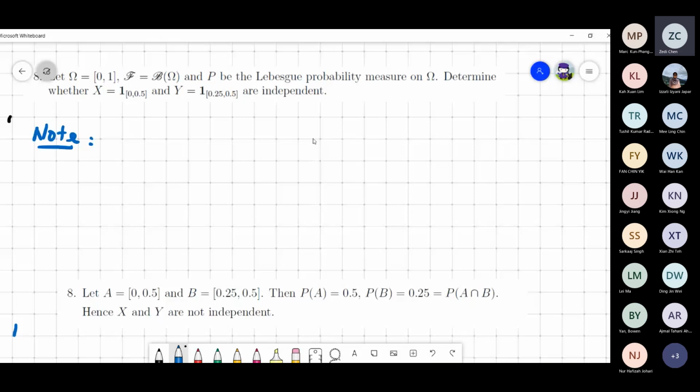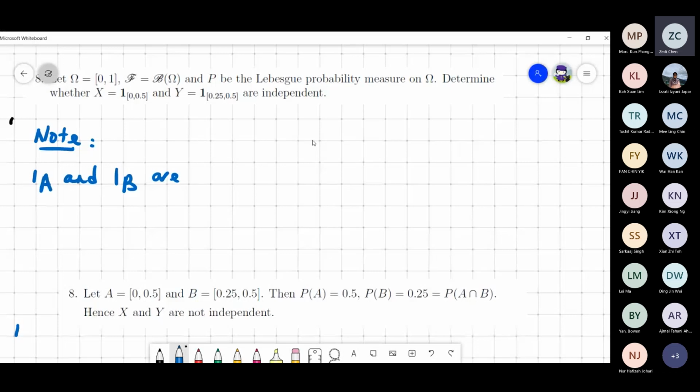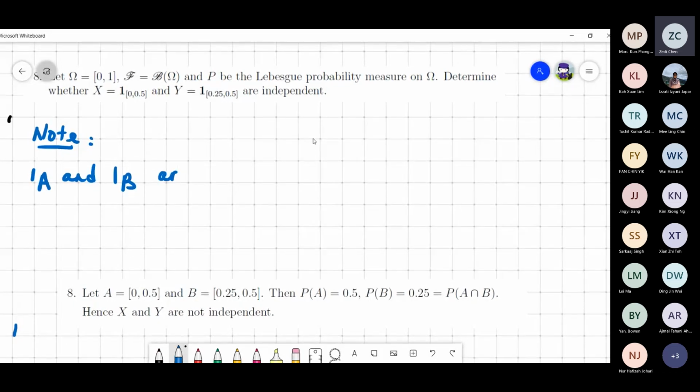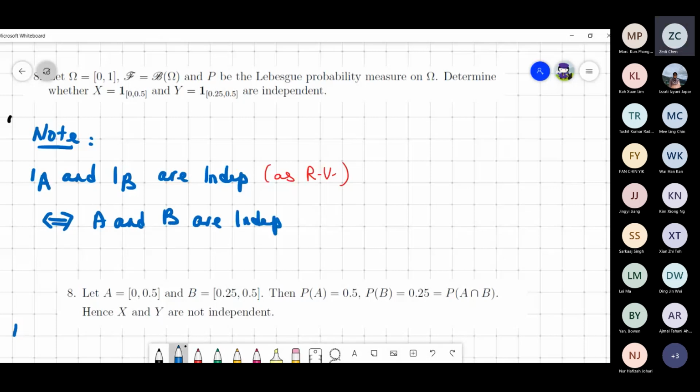So let's say we have 1A and 1B are independent, of course here independent as random variables, provided that A and B are independent as events.